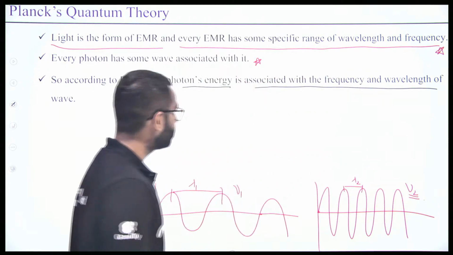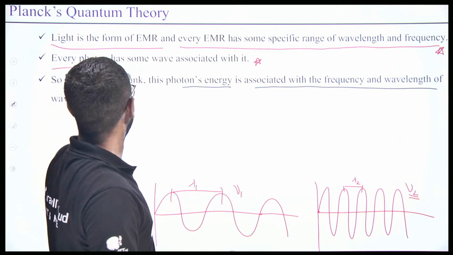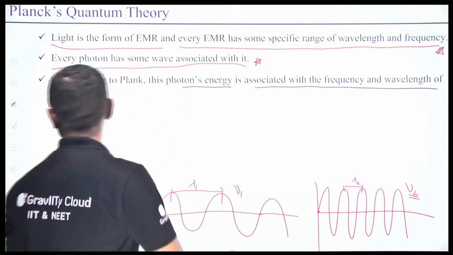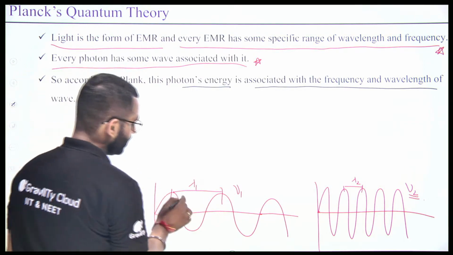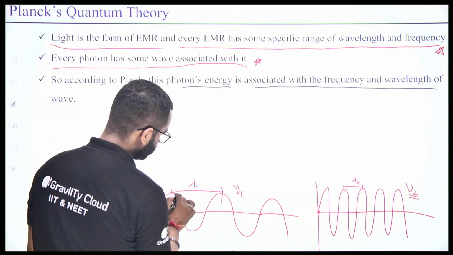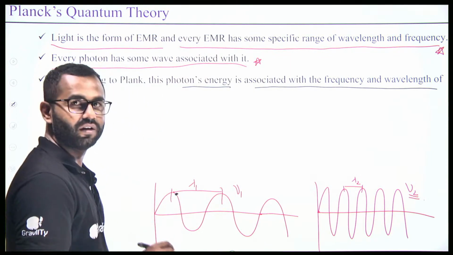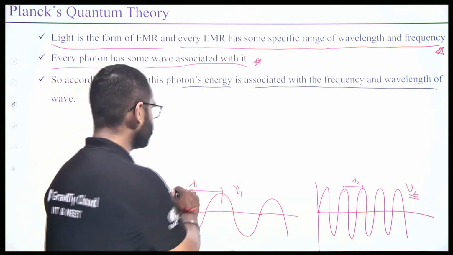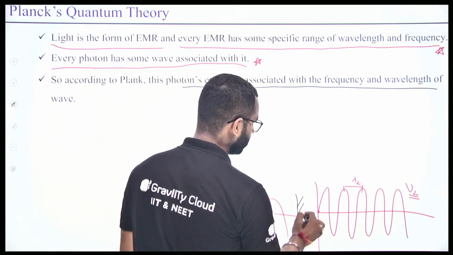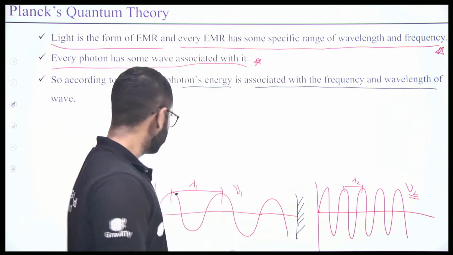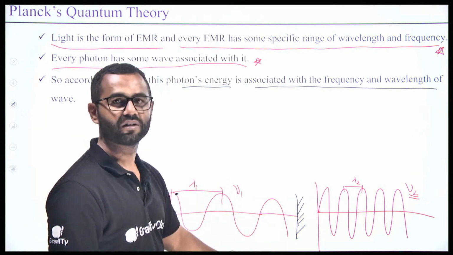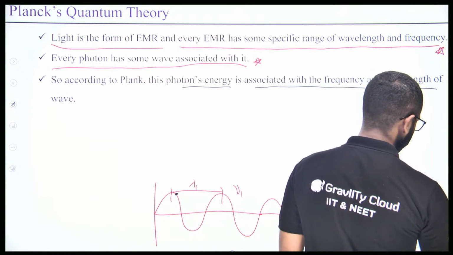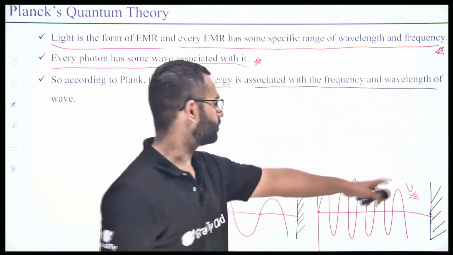And I have told you that every photon has some wave associated with it. Suppose this is the photon which is riding this wave, and suppose this wave is hitting this object. Second case, suppose this is the object, and this wave is hitting the object here.